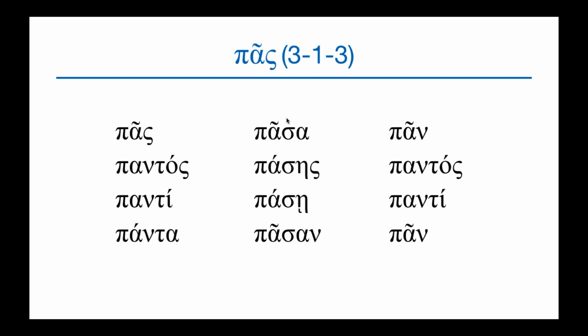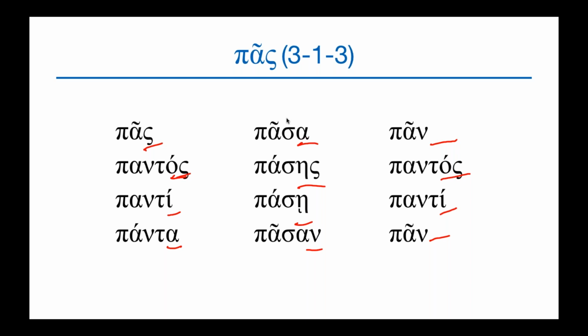It's an adjective. And you notice here you've got our ς ending, and here you've got our ν with nothing here. But whenever you look at the feminine, you've got a-sa, a-s, a, on.